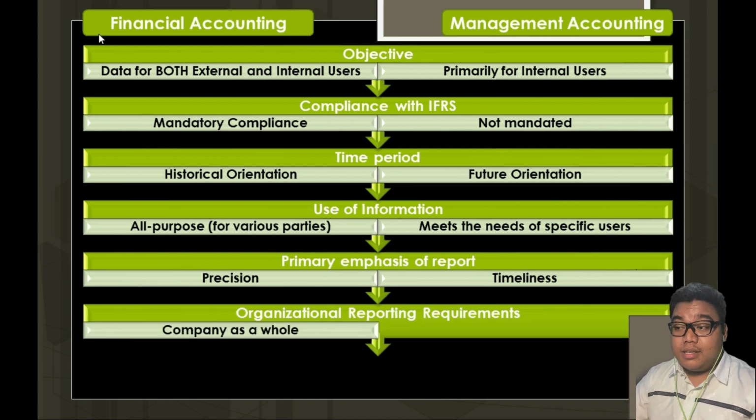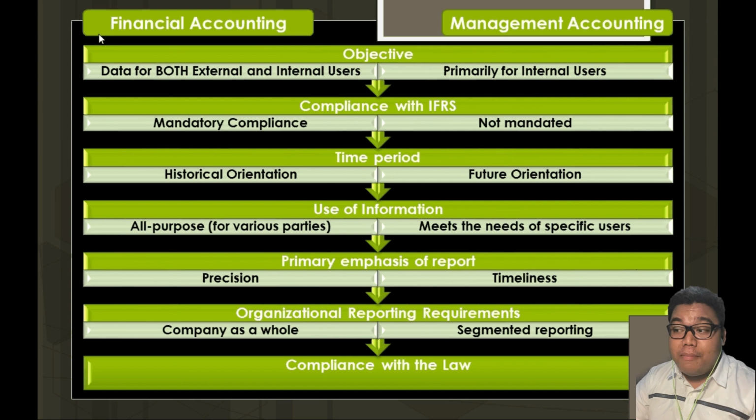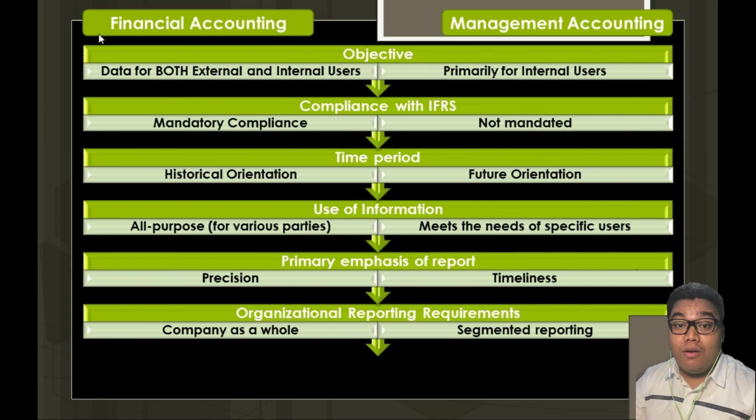Reporting requirements. The financial accounting reports are presented for the company as a whole. So the reports for company X, that is it. That's the reports for company X. While in management accounting, reports are presented as segmented as possible. Why?